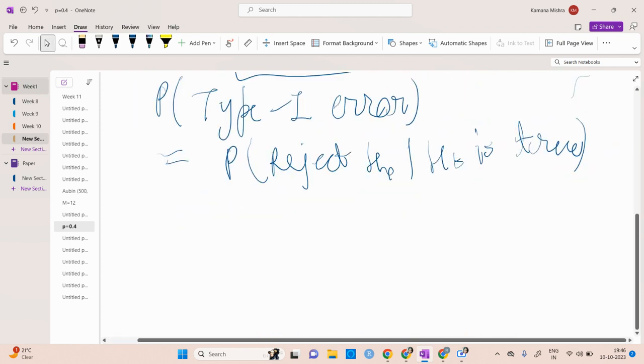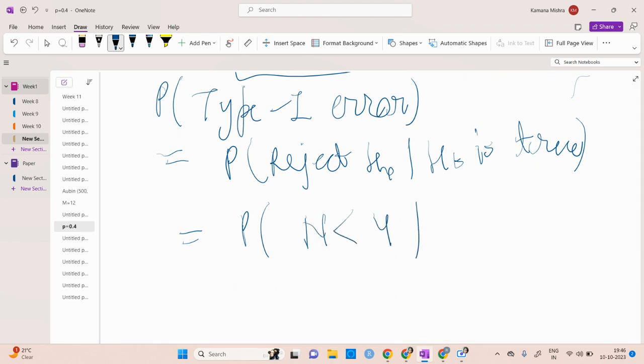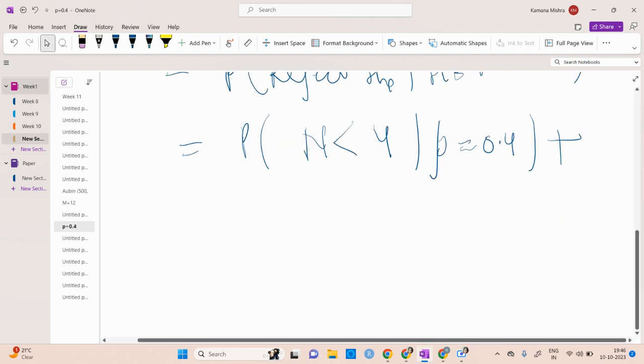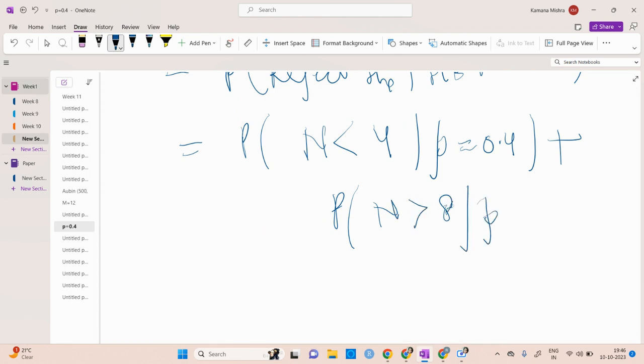So when do we reject? Either N less than 4, given H naught is true, meaning p is equal to 0.4, plus we will reject it if N greater than 8. Then also we will reject it, right?